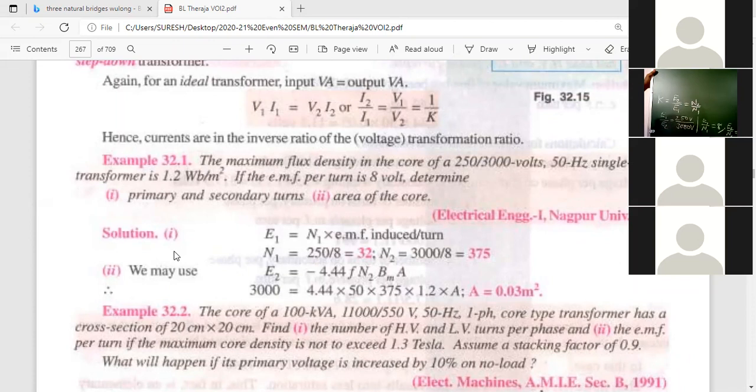What is the value of E2 by E1? 3000 by 250.